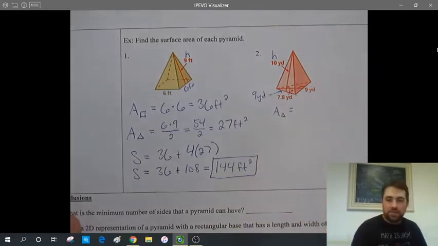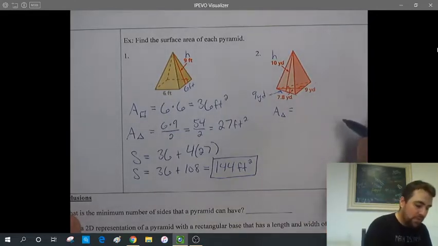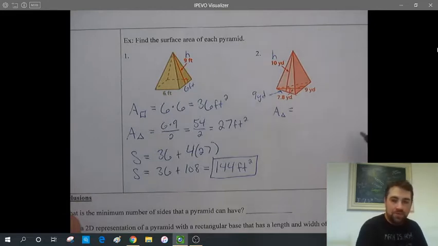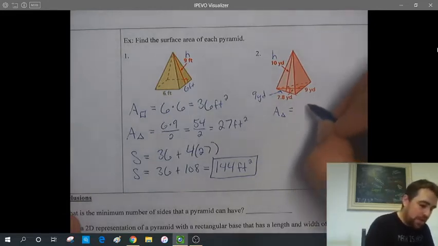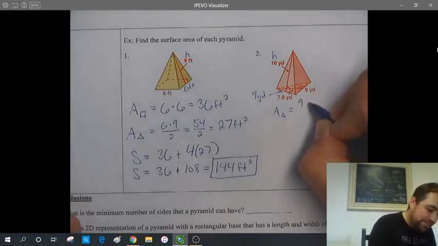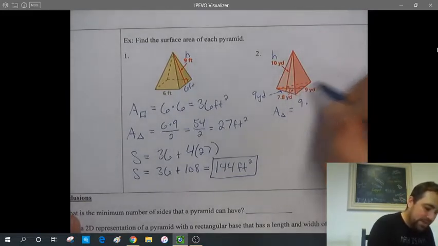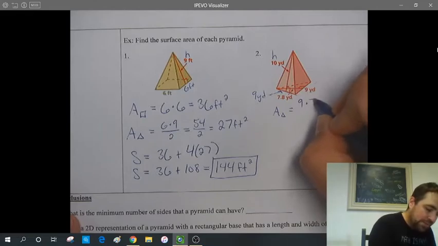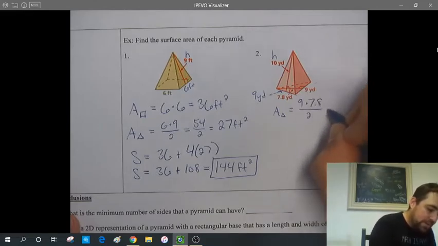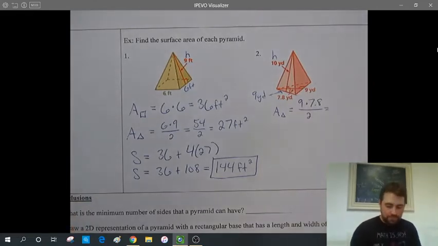So this time, our base is a triangle, so we have to use the same formula that we did for our lateral faces in the last one. So base times height divided by 2 here. Again, its base is 9 times the height of the base triangle is 7.8, and then divide that by 2. It's 9.8.